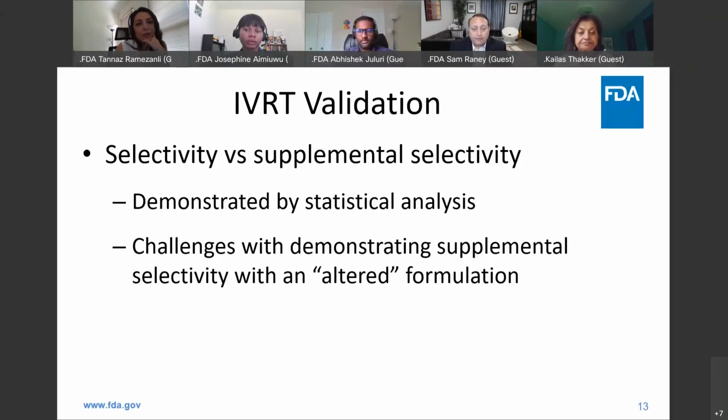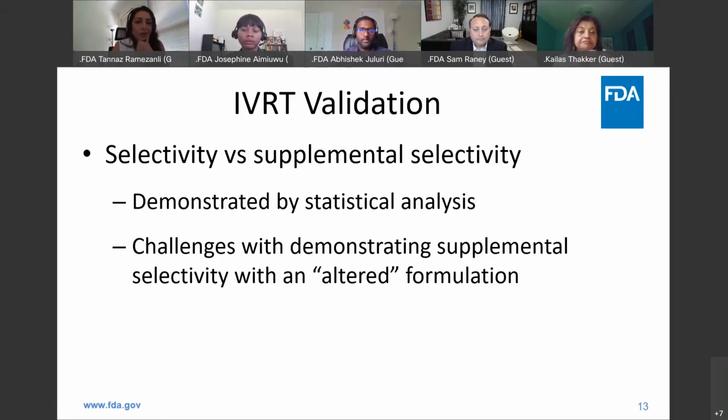Thank you, Sam. I also want to mention that sometimes the amount of change that we introduce makes the formulation not necessarily suitable for that specific IVRT in terms of having the perfect linearity, etc. So if you run a supplemental selectivity, you have a perfect release profile for your test or reference, but not a perfect linear release profile for the altered formulation.